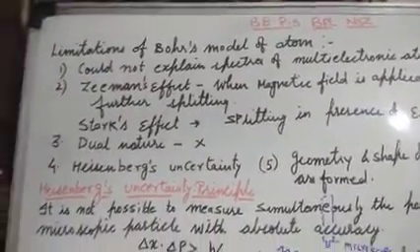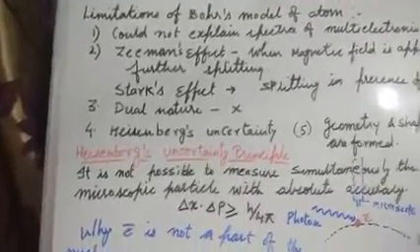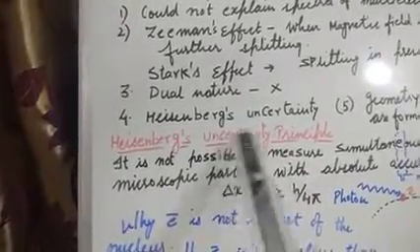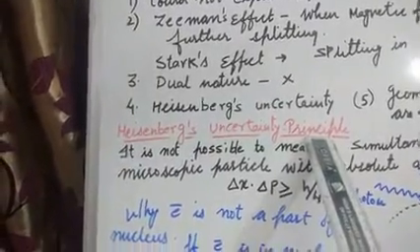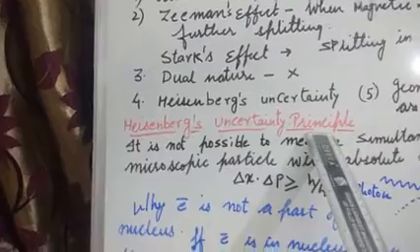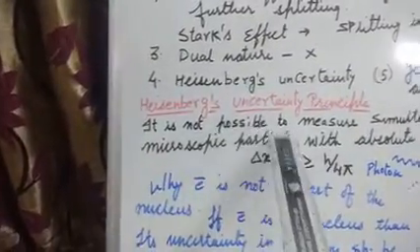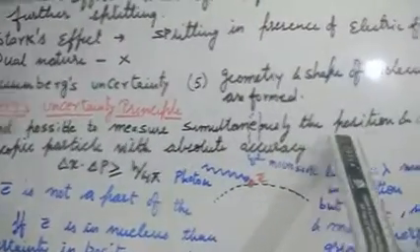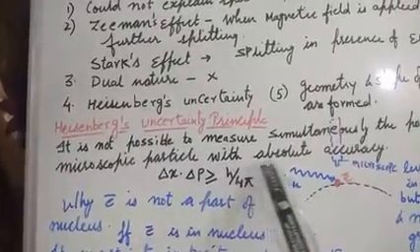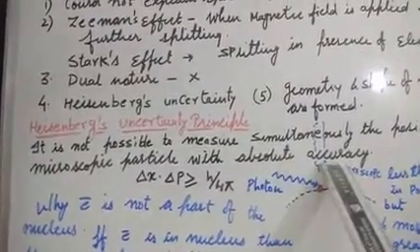Now I am telling you, students, what this Heisenberg's uncertainty principle is. As it is a principle, it will have a particular definition. The definition is: it is not possible to measure simultaneously the position and momentum of a microscopic particle with absolute accuracy.